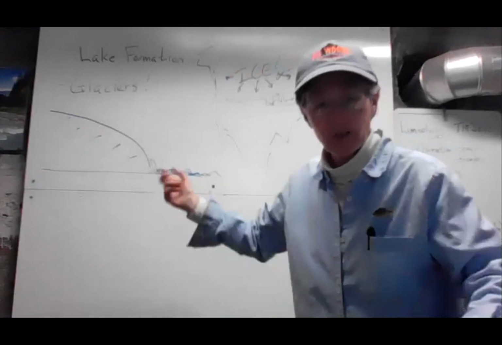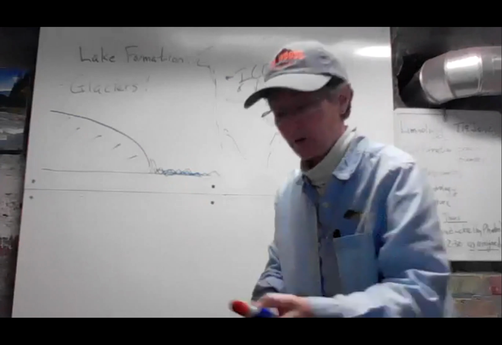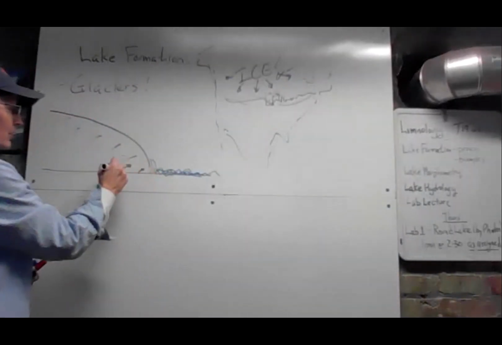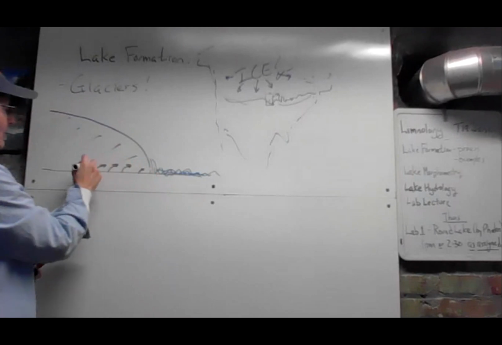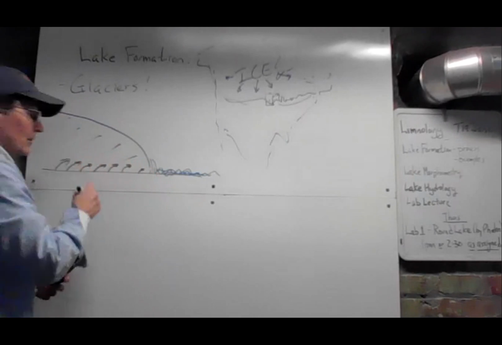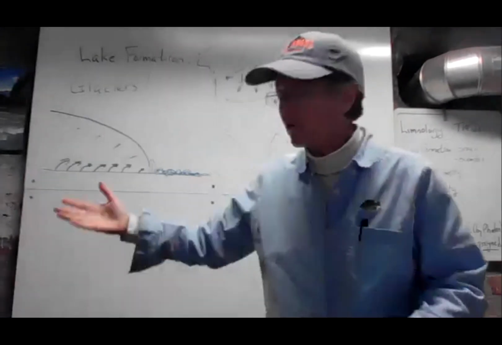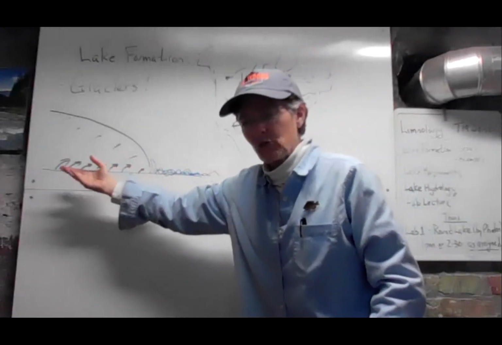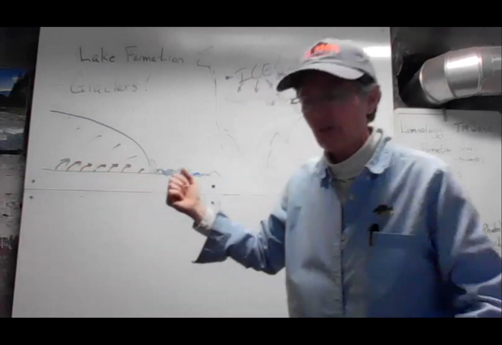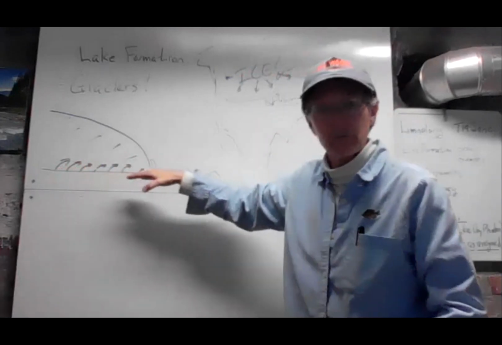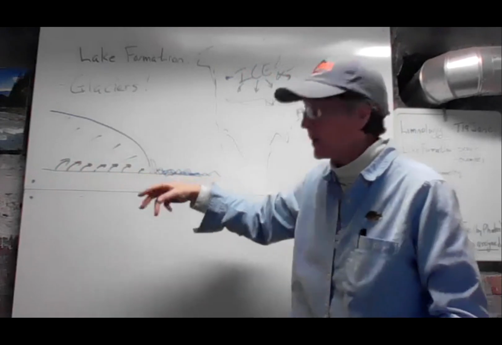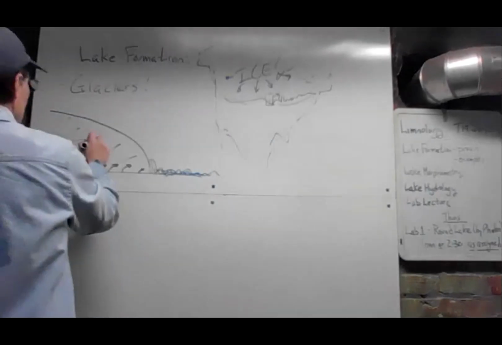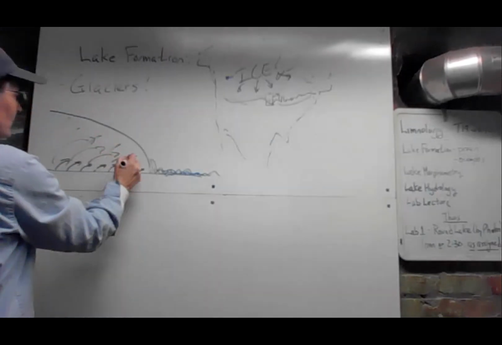All right, now as the glacier slides along the ground, like I said, first it picked up all the plant material, it mowed down all the trees and stuff, and then it picked up all the soil and dragged the soil along, and then it picks up all the gravel and the sand underneath the soil, and then it even starts scraping away at the bedrock itself. And all of that stuff gets incorporated into the ice.